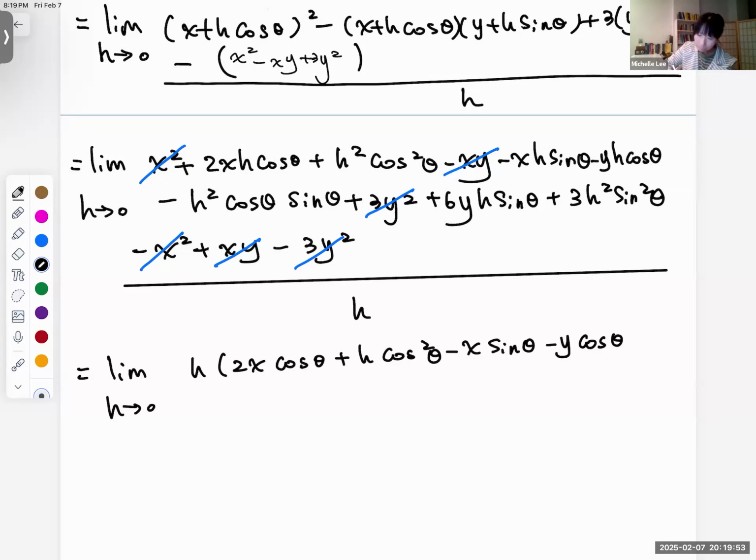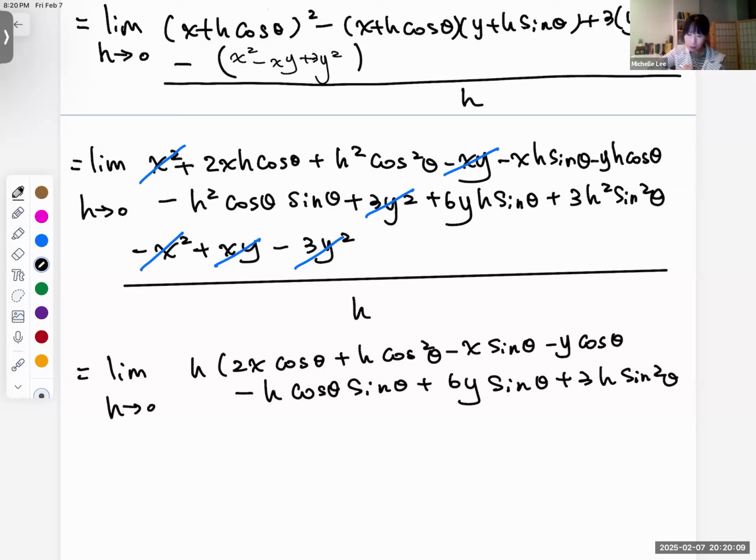Second row minus h cosine theta sine theta plus 6y sine theta plus 3h sine squared theta. That's the second row. All over, because the third row is all simplified, right?